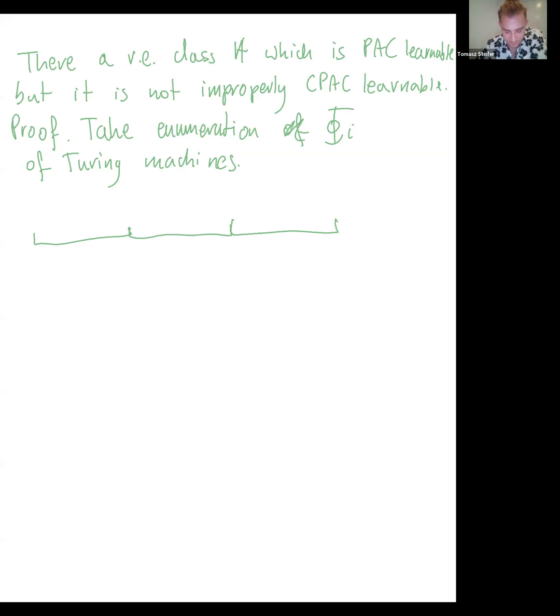Well, we enumerate all the machines, and we run. We have these intervals I1 and I2, and we run phi i on the numbers of this interval.